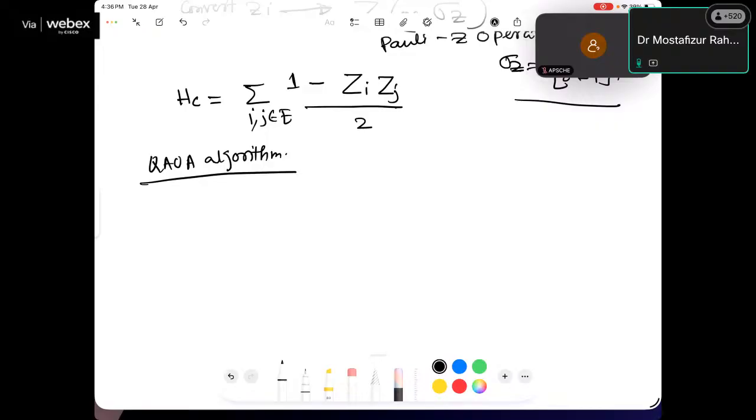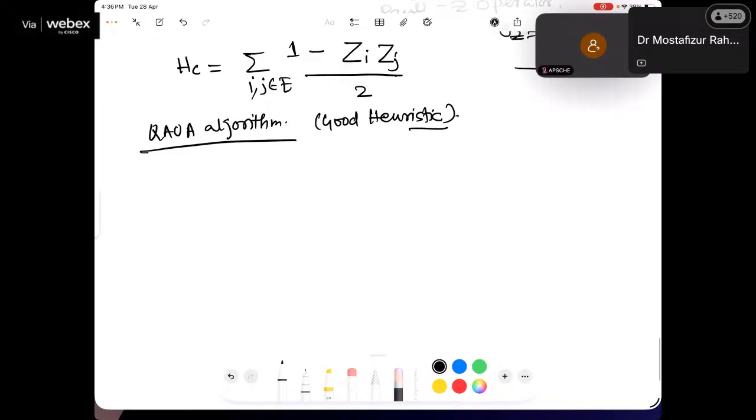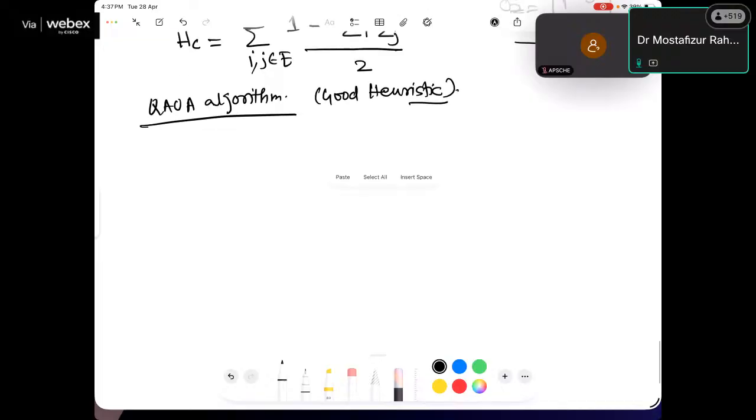But it's a good heuristic, meaning sometimes it reaches a particular solution faster. So let me give a very naive way to solve this problem.